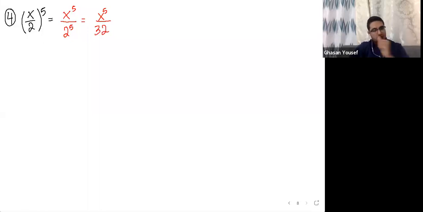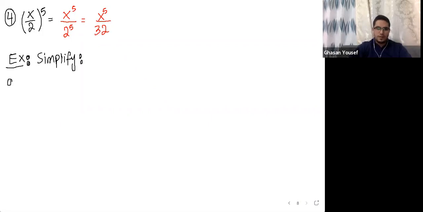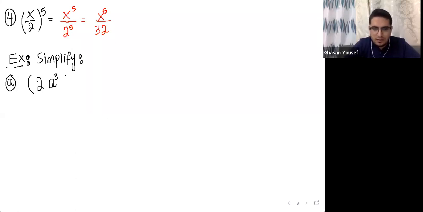Now, another example, simplify. Let me first write the example: open parentheses 2 times a to the power 3 times b to the power 2 times 3 times a, b to the power 4, and everything to the power 3.